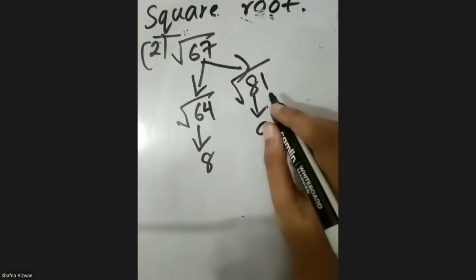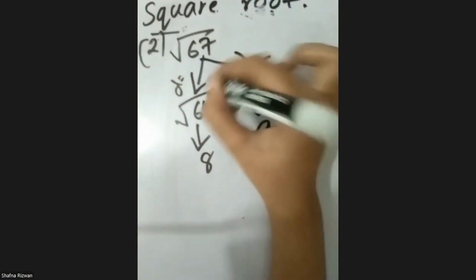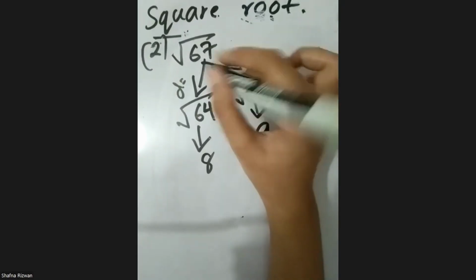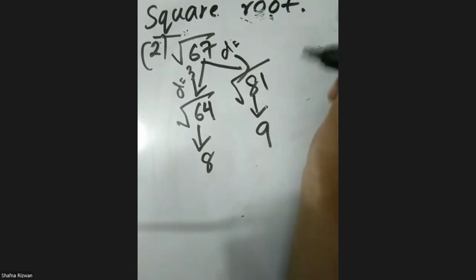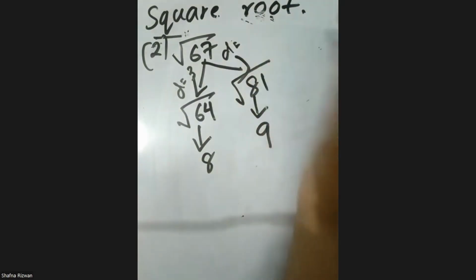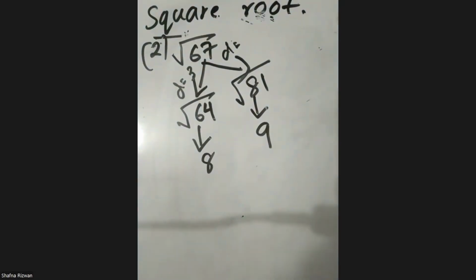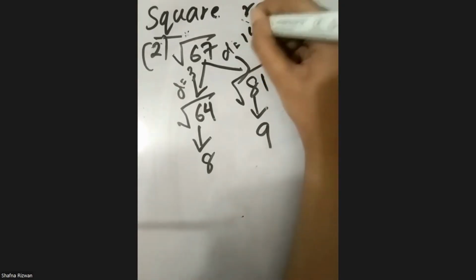See the difference. 67 minus 64 is how much? 3. 81 minus 67, what's the difference that you have? You have around 14.